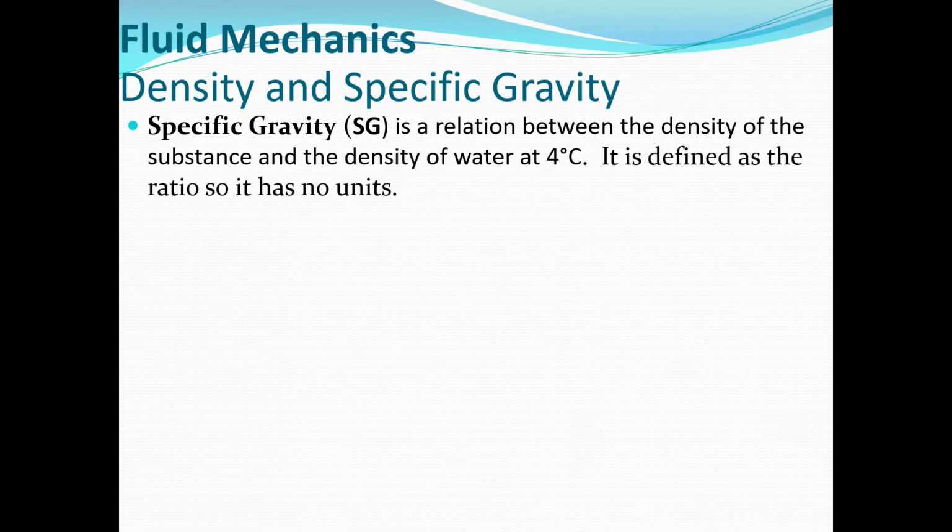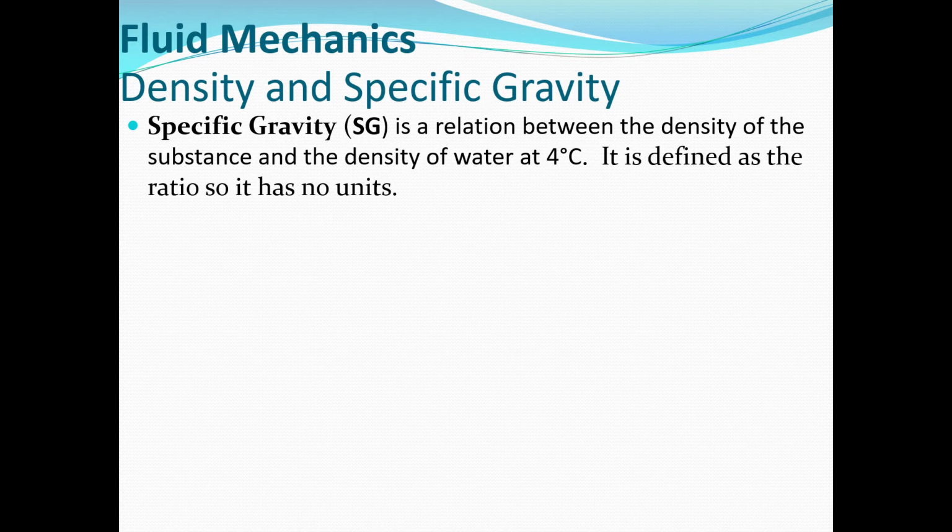All right. Another thing that we can talk about when it comes to materials, not necessarily just liquids, but any material, is what's called its specific gravity. Now, the specific gravity is a relationship between the density of that material and the density of water. So it's a ratio of those two densities, basically saying how much more dense something is compared to water.